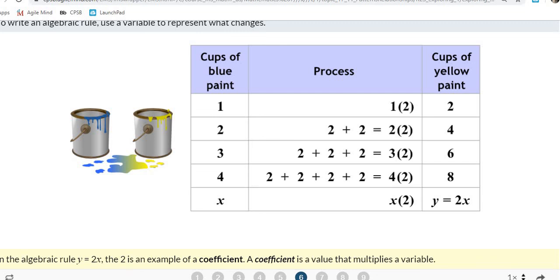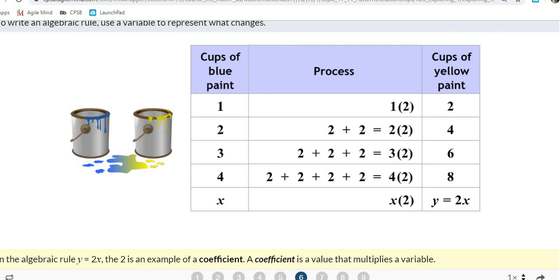The number 2 is called a coefficient. Have you heard that word before? Maybe last year. Coefficient is a number in front of a variable. We're going to have that as a vocabulary word here in a second. So that leads us to question 1C.